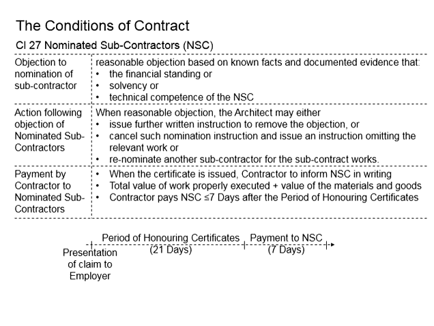We also mentioned the relationship between the nominated subcontractor, contractors and the employer. There is no direct relationship between the employer and the nominated subcontractor. The relationship will be between the employer and the contractor.